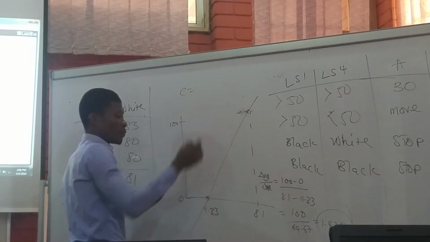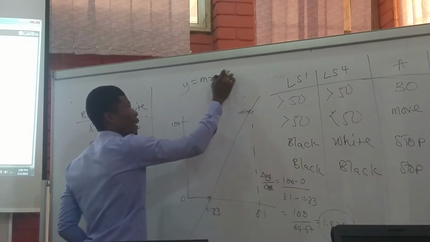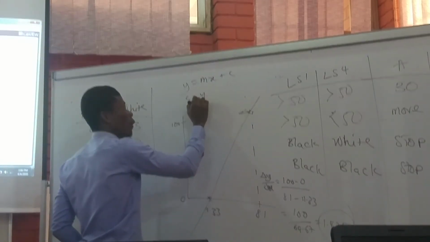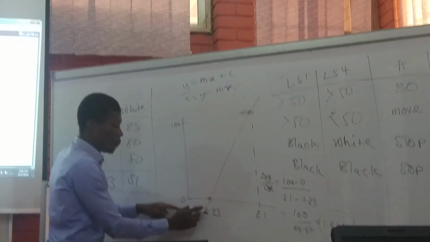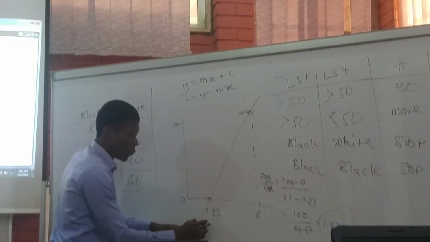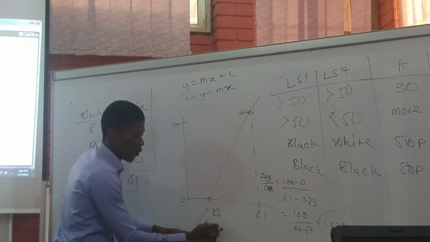Our C becomes what? We know the equation is y equals mx plus c. So c is equal to y minus mx, right? If we pick one of the points, let's pick this point, 11.33, 0.